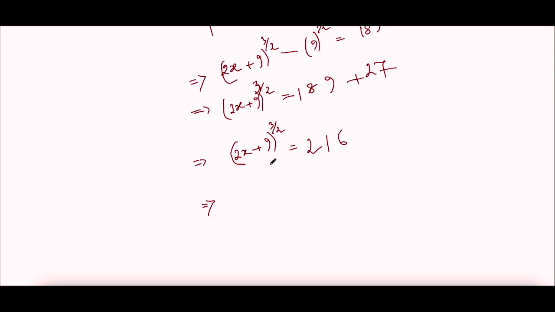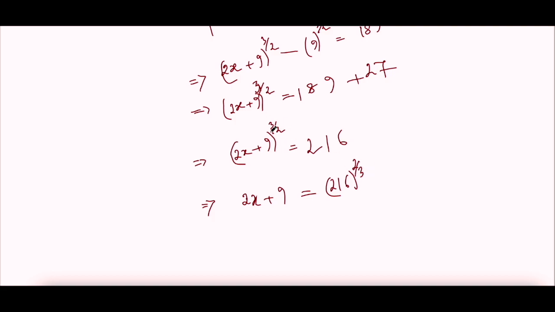Now how can we calculate x from here? From this equation, how can we calculate x? We need to take 2 by 3 power on both sides. If you take 2 by 3 power on both sides, it will be 2x plus 9 is equal to 216 whole to the power 2 by 3.